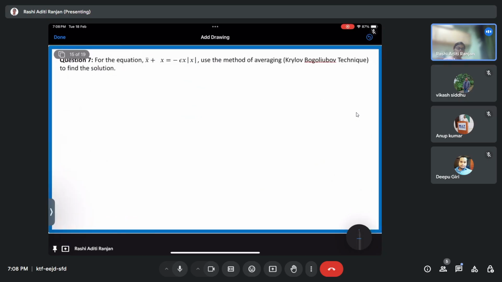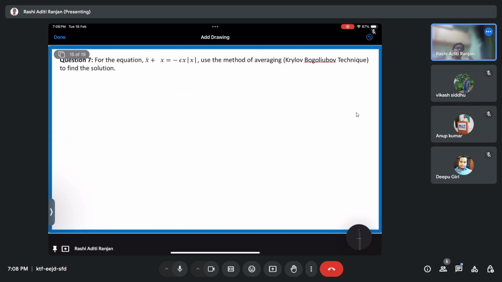So coming on to question number 7, we have an equation given and we have to use the method of averaging, which is the Krylov-Bogoliubov technique, to find the solution. I'm discussing this question because it will be helpful for you.